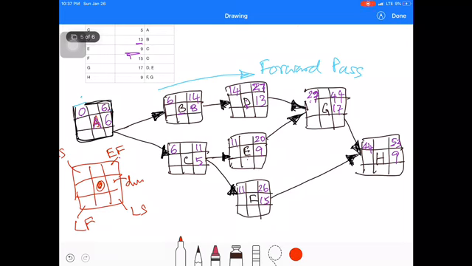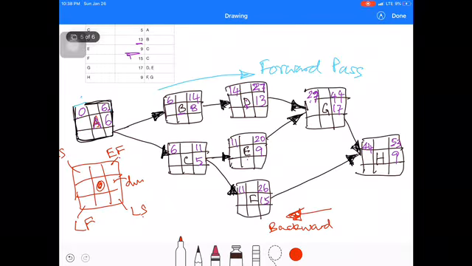Next we do a backward pass to calculate the late start and late finish dates. We call it a backward pass. So we start with activity H, that last activity. According to activity H, the earliest finish date is 53.